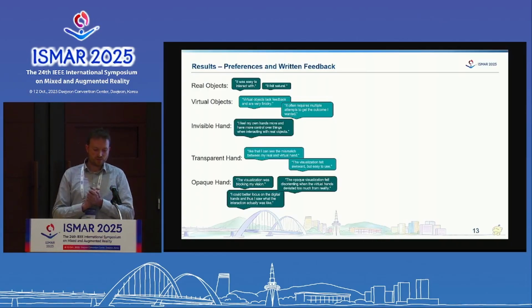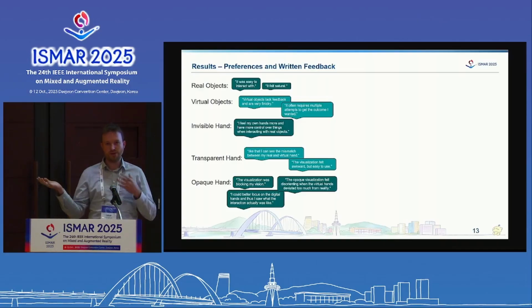Comments regarding the different hand transparencies: people said for the invisible hand, for example, I feel my own hands have more control over things when interacting with real objects. So in the case where you are interacting with real objects, the invisible hand is preferred, as we saw also in the previous slides. For the transparent hand, people liked that they see this mismatch between the real and the virtual hand.